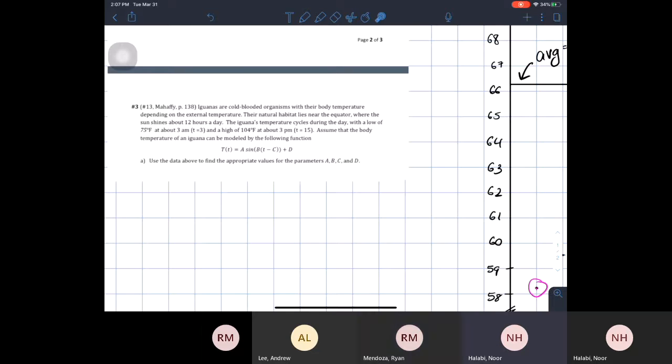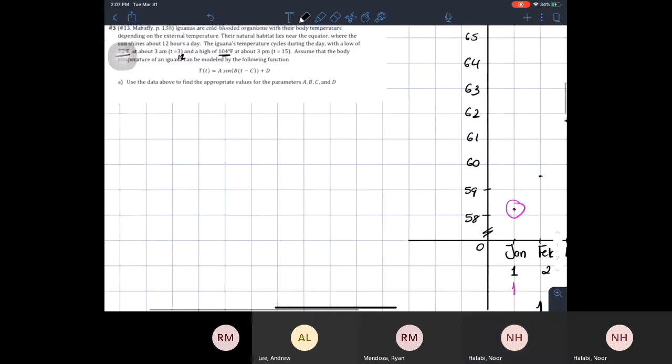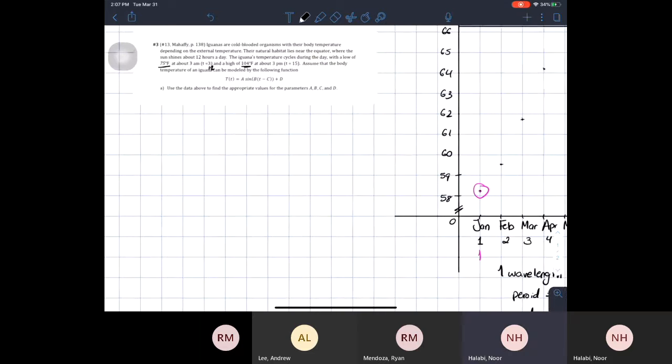So we know that between its highest and its lowest temperatures, 12 hours have passed. That's some extra info.